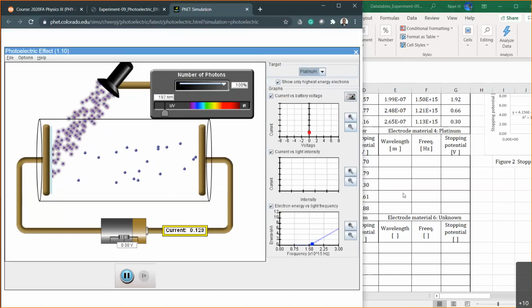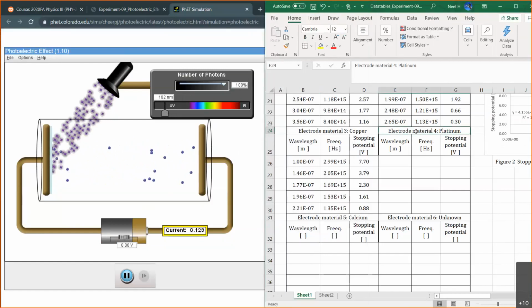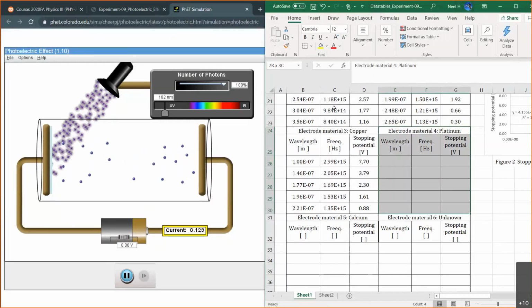So I think we should not do platinum at all. The platinum current is extremely small, so let us skip platinum. Let's try calcium and unknown.